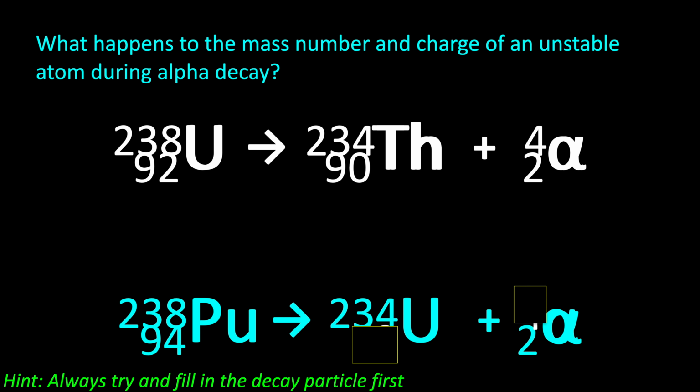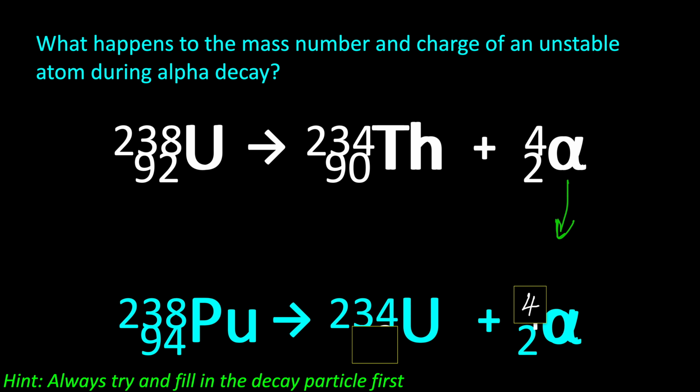So, if we follow the hint at the bottom, always try to fill in the decay particle first. And as we can see, the mass number of an alpha particle is 4. This nicely satisfies our equation of 234 plus 4 is equal to 238.